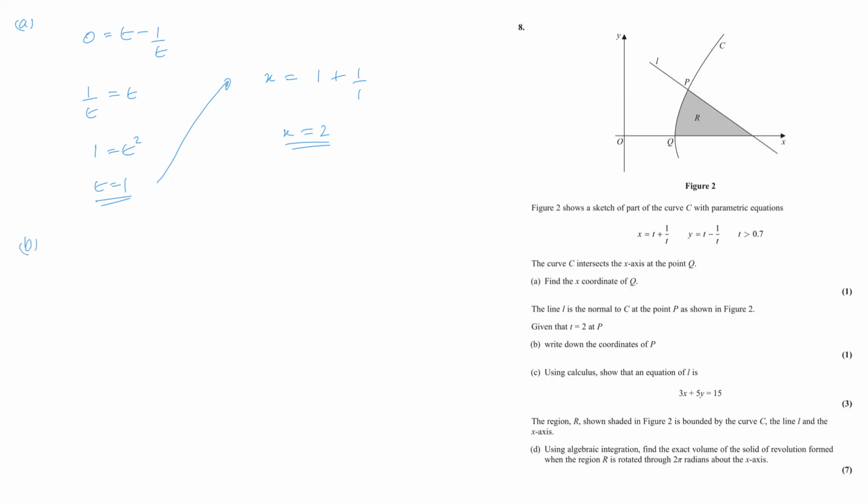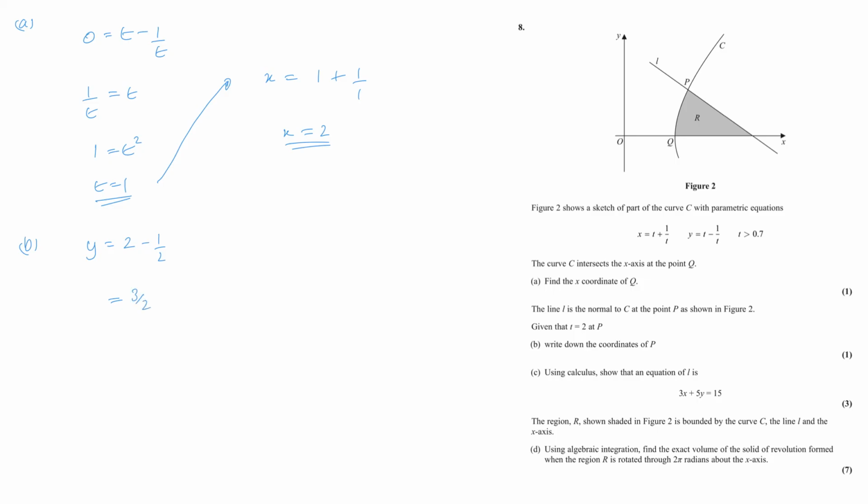Right, part B. We've got the line L as normal to C at the point P, given that t equals 2 at P. Write the coordinates of P. So that's just when t equals 2. So y equals 2 minus a half. So that's 3 over 2.